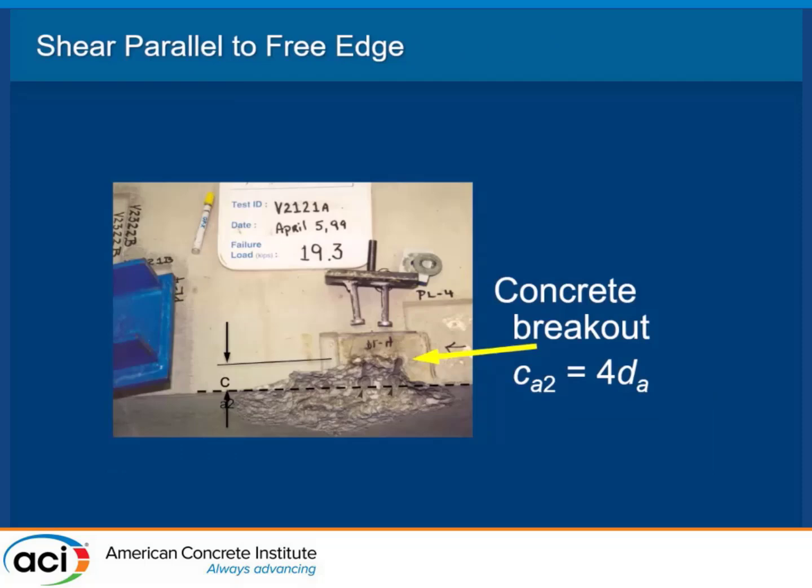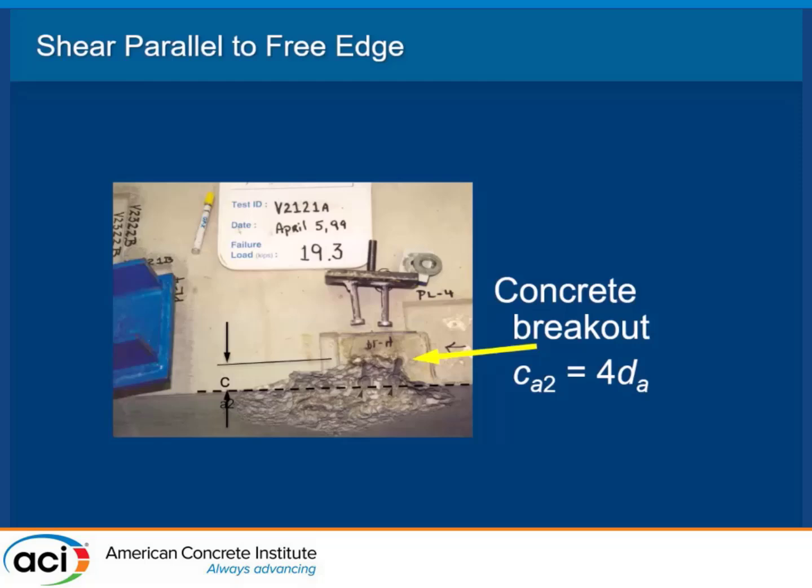So concrete, this is shear parallel to an edge. It's great when shear is going towards the edge and we do all these calculations, but sometimes we have an anchor that's just sitting right along the edge, and we're pushing along the side of the element.